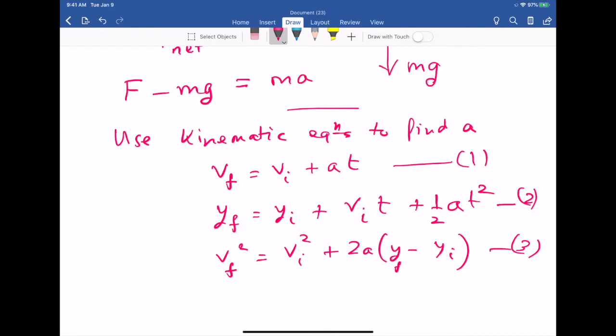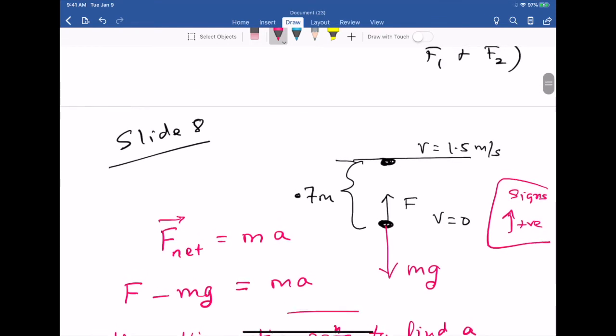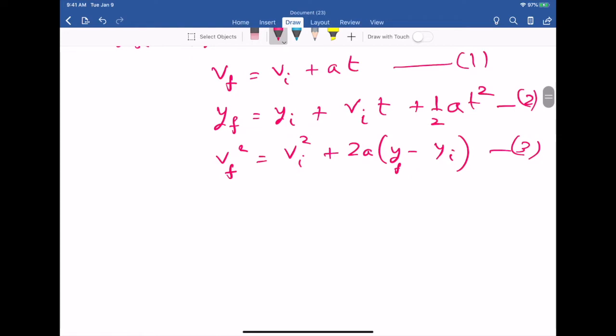Okay, so let's see which of these we can use to find the a, right? You can choose y initial to be 0 over here, and in that case, y final over here is 0.7 meters. See if you can figure out which equation we would want to use.